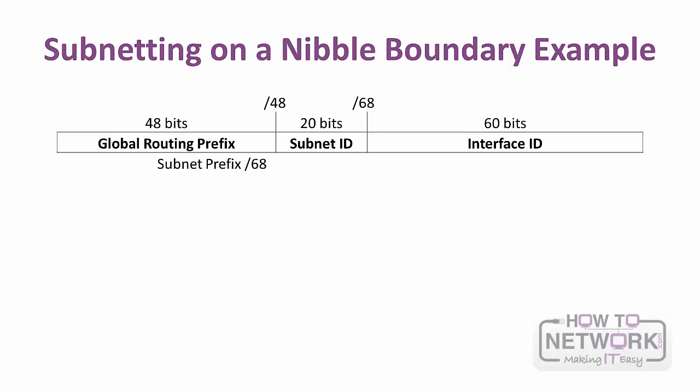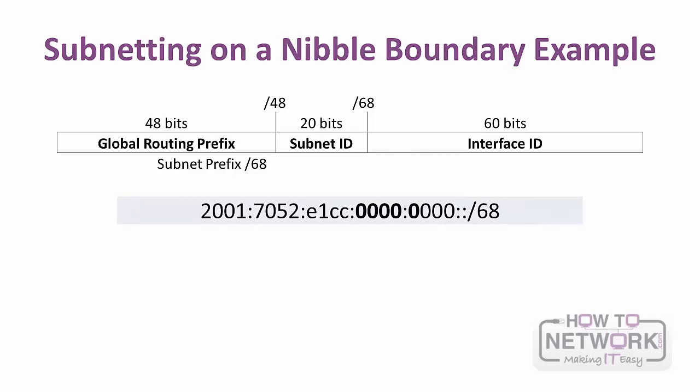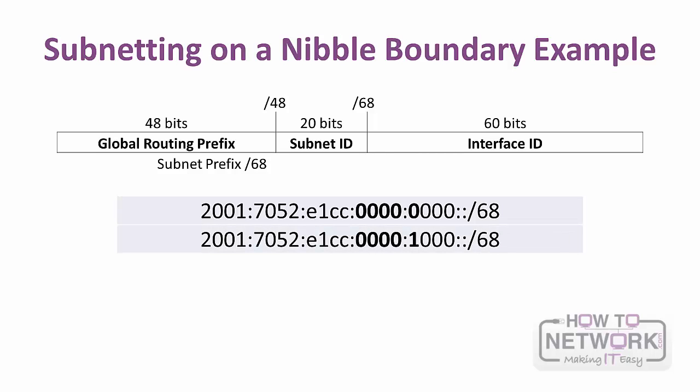In this case, there isn't any practical reason for doing this except to illustrate the concept. By extending the subnet prefix by 4 bits, or 1 full nibble, we are implementing the best practice of subnetting on a nibble boundary. Using 20 bits, a factor of 4 bits, makes it very easy to list the subnets, as illustrated here.